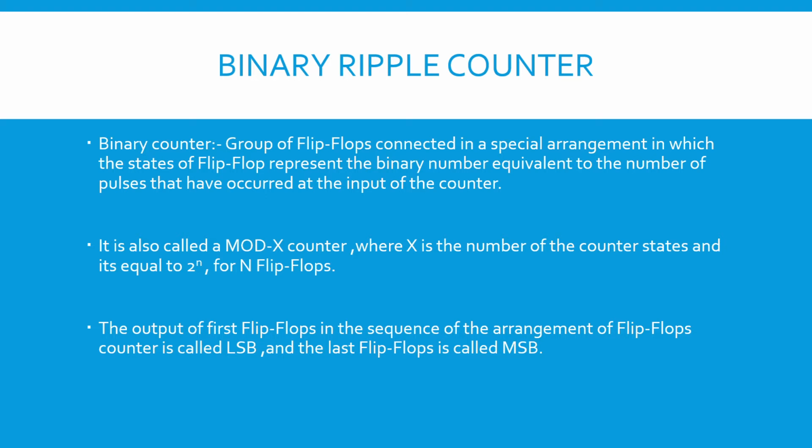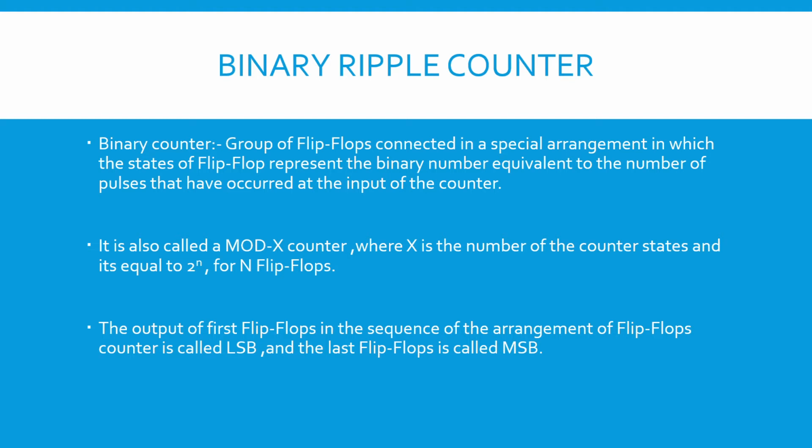Binary ripple counter. So let's see what this type of ripple counter is. It is a group of flip flops connected in a sequential arrangement in which the states of the flip flops represent the binary number equivalent to the number of pulses that have occurred at the input of the counter. It is also called a mod x counter, where x is the number of counter states, which is equal to 2^n for n number of flip flops connected in sequence.